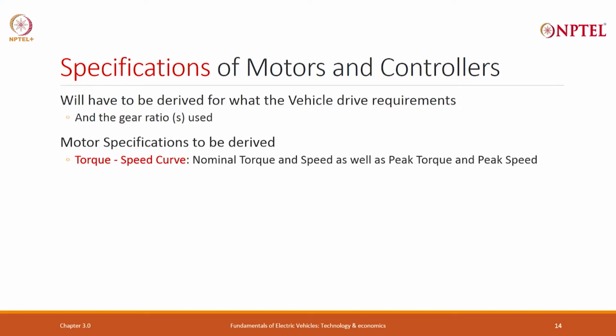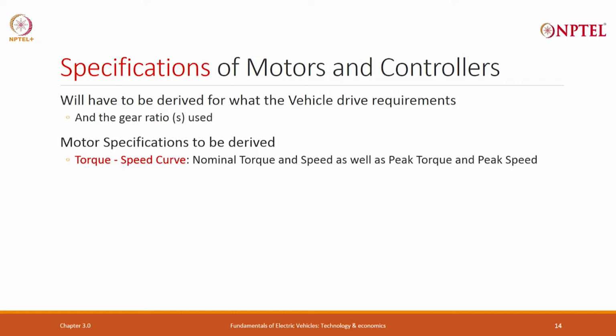The torque-speed curve, that is, what the torque is at different speeds, becomes a very important parameter for the motor. The motor has to deliver a specific torque at a certain speed.